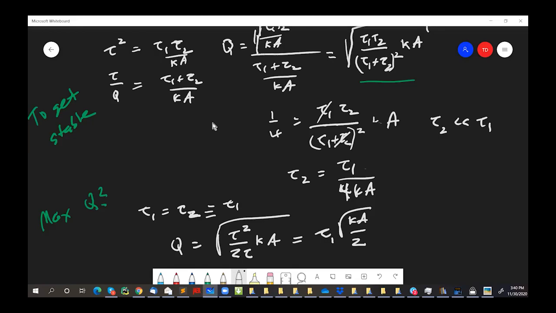Is that clear? Professor, if the taus are the same, the denominator then is 4 tau squared, not 2 tau. You get a tau squared on the top and a 2 tau on the bottom, but to the power of 2. So 4 tau squared. Did I make a mistake? Oh yeah. No, this can't be correct, it must be dimensionless.